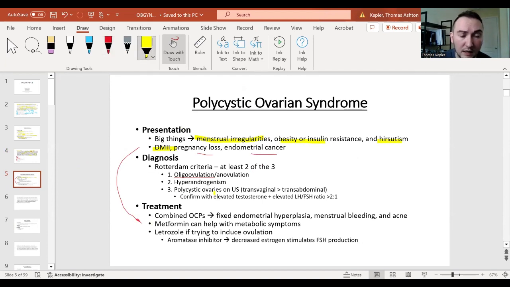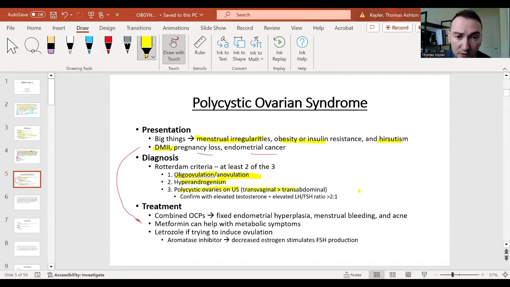Now, the way to diagnose this, and I always tell my students, be systematic. The best way to diagnose this is going to be the Rotterdam criteria, knowing that you need 2 out of 3: changes in ovulation, either oligo-ovulation or anovulation where they're not ovulating at all; hyperandrogenism, signs of hirsutism, so here it was the hair on the chin; and polycystic ovaries on ultrasound.